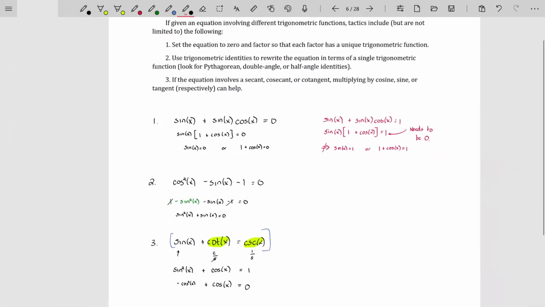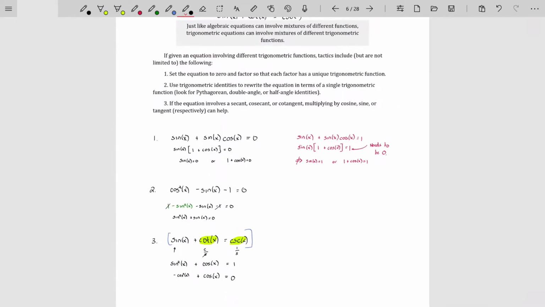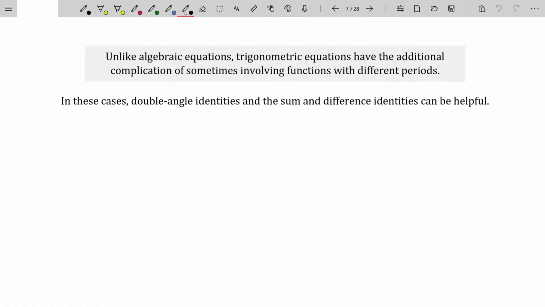All right, so one last piece of advice. And this one's more of a difference than a piece of advice. Like algebraic equations, you can have a mixture of trig functions within your equation. But unlike algebraic equations, even if you have the same trig functions, there could be a complication of them having different angles.